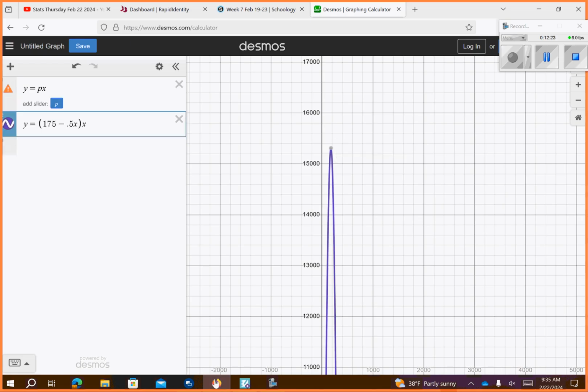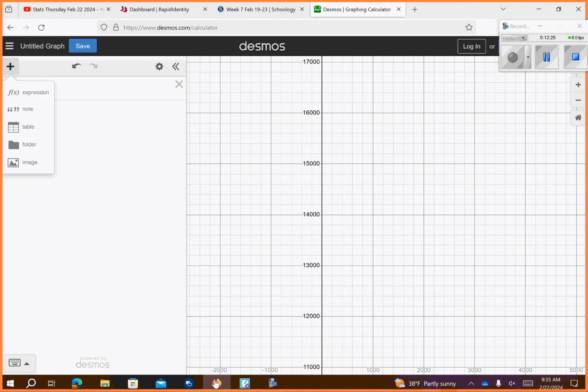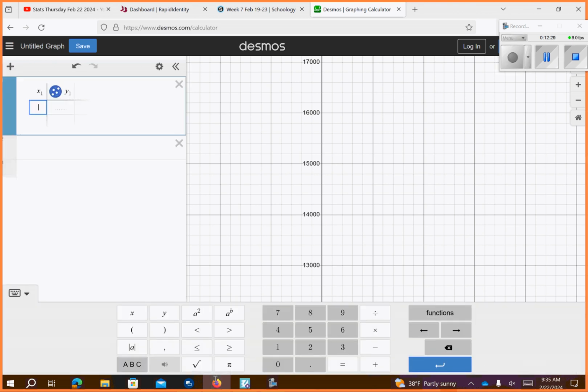Let's get rid of these. So first thing is I have to use the table to figure out the linear equation. So I'm going to go 80 and 350. And the other one I'm going to do 120 at 300.